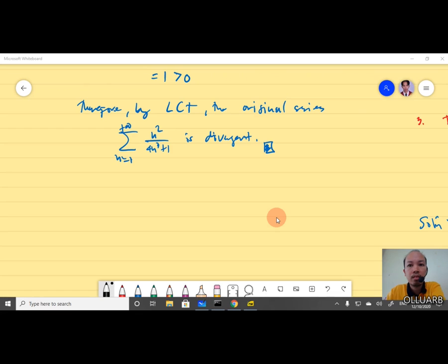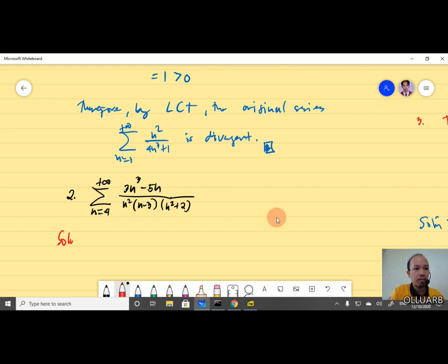God bless. For our next example, we have number 2, the summation of 3n cubed minus 5n over n squared times the quantity n minus 3 times the quantity n squared plus 2, where n starts from 4 up to positive infinity.